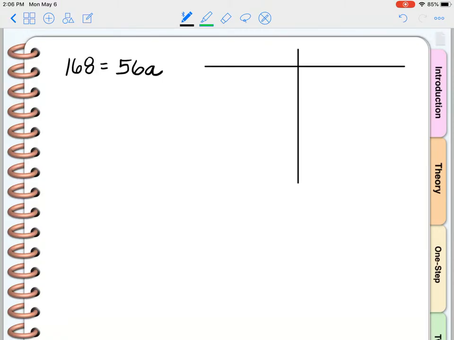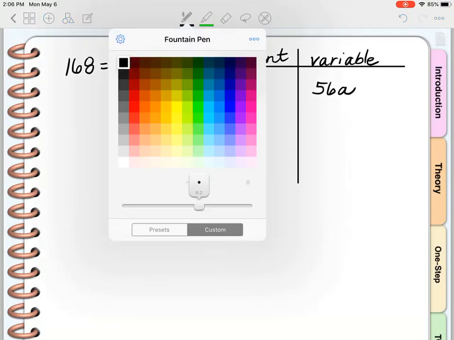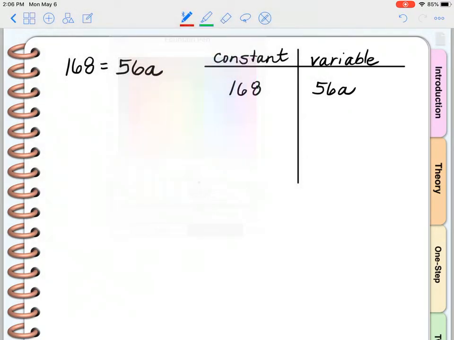And so we need to set up the problem, because this will help us figure out where the variable is and where the constants need to be. And we can see that the 56 is the piece that needs to move. So we're going to divide the coefficient away from both sides and cancel.